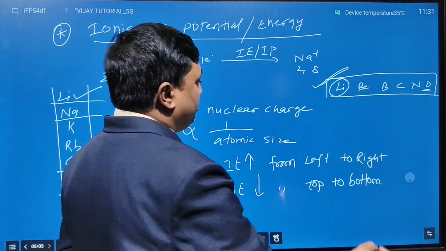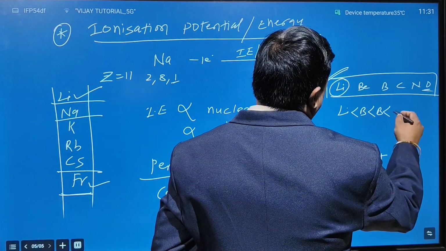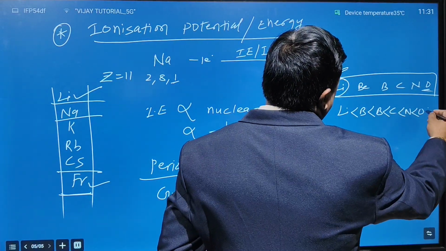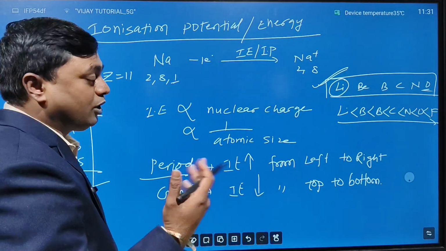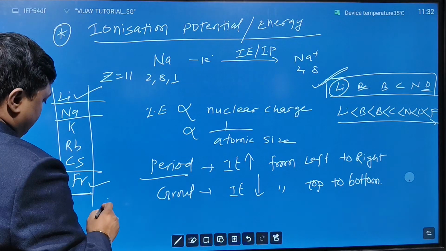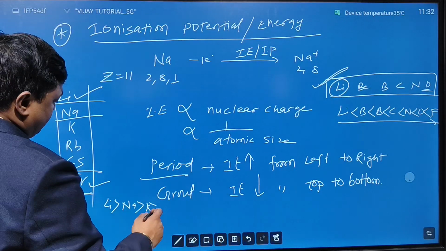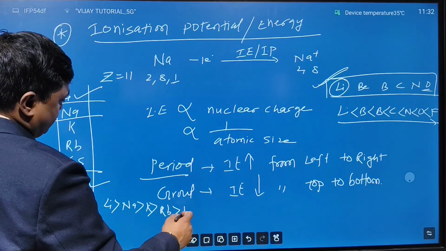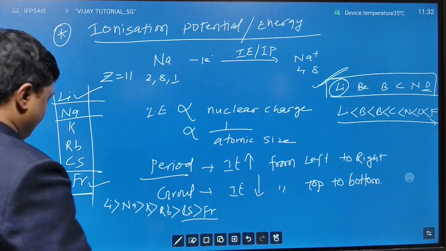We are not considering noble gases because they are already stable. In a group, the order of ionization energy is lithium more than sodium, then potassium, rubidium, cesium, then francium.